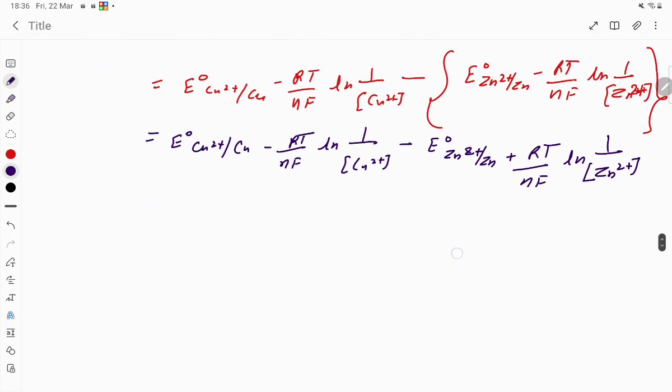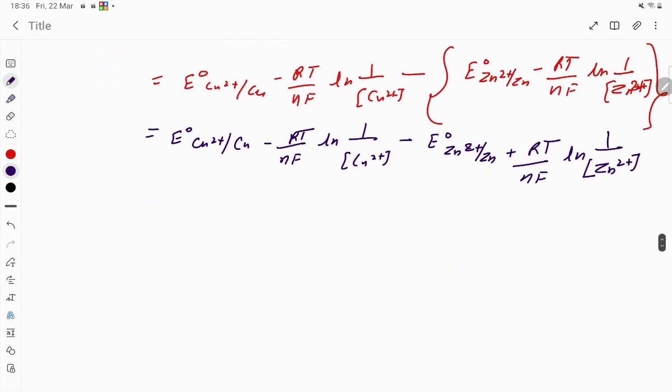Now we can take something common, students. What is common? E naught cathode minus E naught anode, so E naught Cu2+/Cu minus E naught Zn2+/Zn.